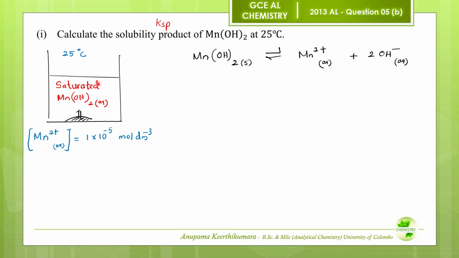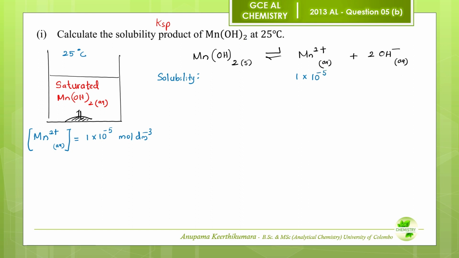In saturated solutions, usually the solid manganese hydroxide is in equilibrium with the aqueous manganese 2 plus cations and the aqueous hydroxide ions. Solubility of manganese 2 plus ions is given, 1 times 10 to the negative fifth.